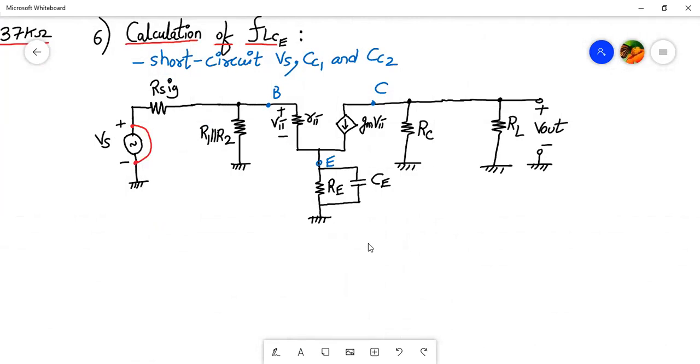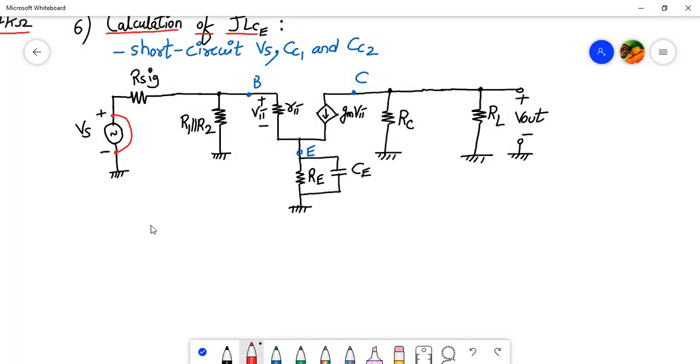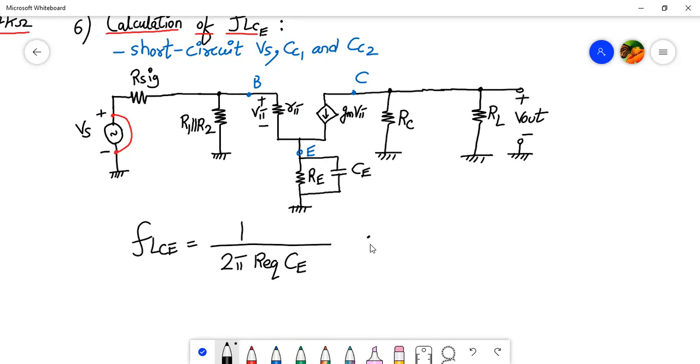So what was the formula? Anyone remembers? Okay, no problem. We have revised it last time, but still. Let me use black color over here. So FL of CE is given by 1 divided by 2 pi into R equivalent into CE. And the formula for R equivalent was something like this.